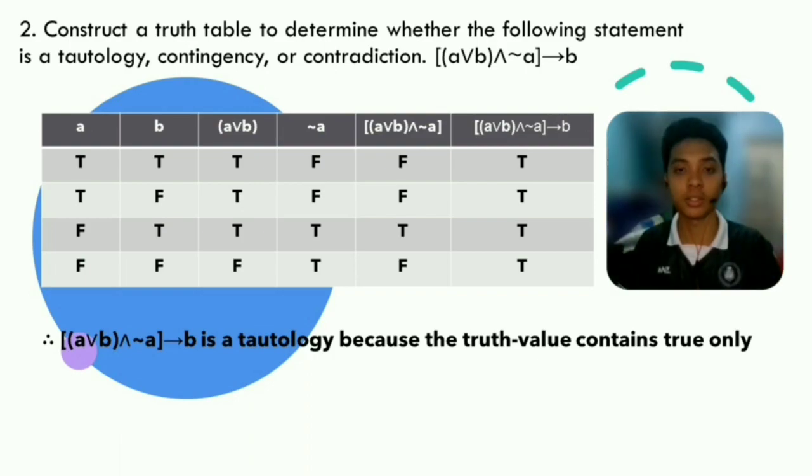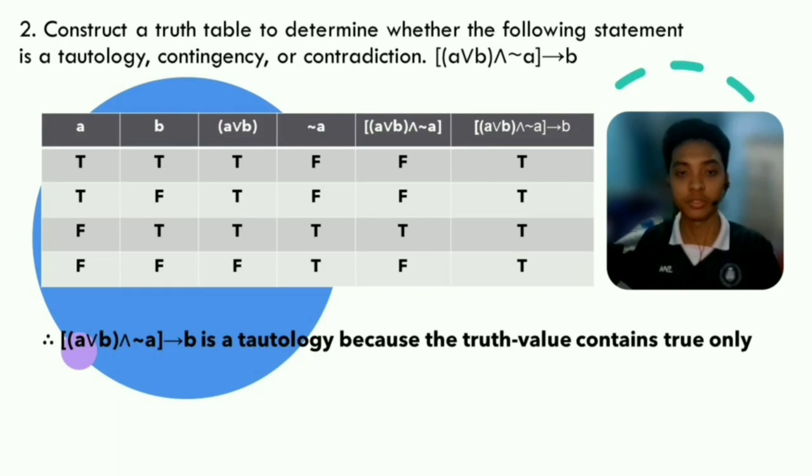And for the last column, it is the statement itself. As you can see, we will get true, true, true, true. This is because in an if operation, everything is true except if the first one is true and the second one is false, then it will get false. As you can see, we can compare.